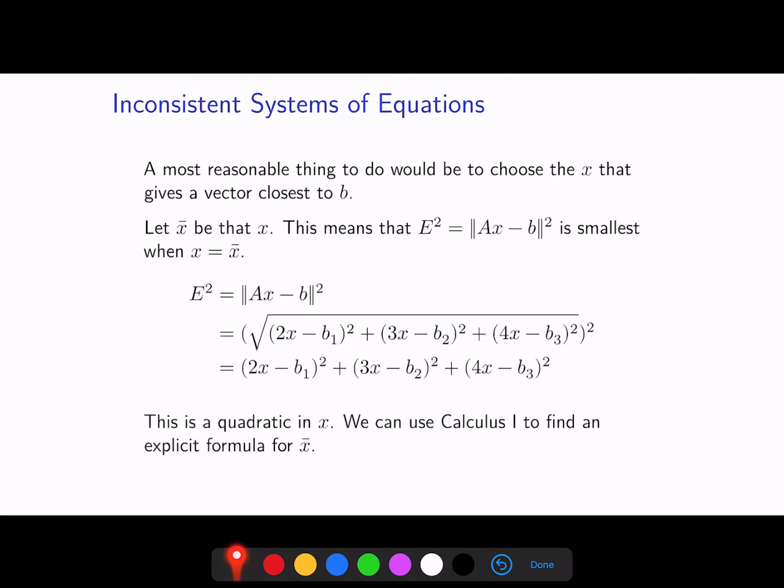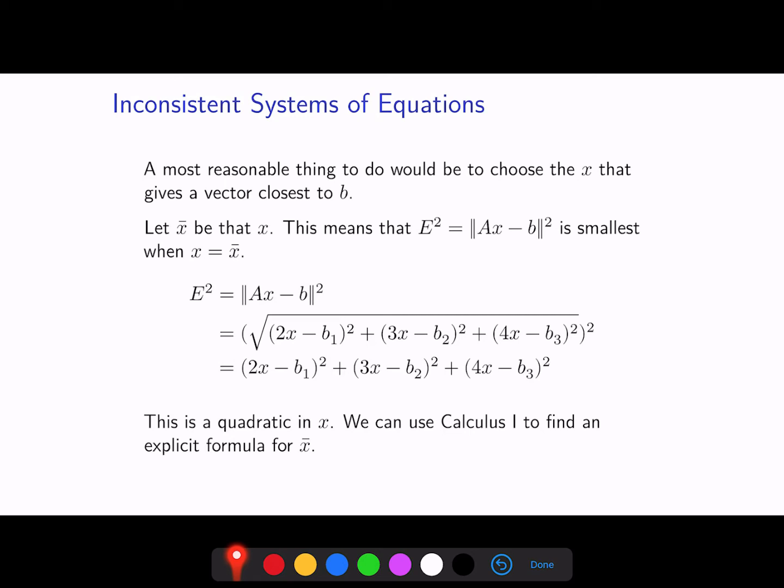So in our 3x1 case, we can multiply out and find a formula for this error function. Here, using the distance formula, we do exactly that. And we get this expression, which you can note just by looking at it for a second, is a quadratic polynomial in x.